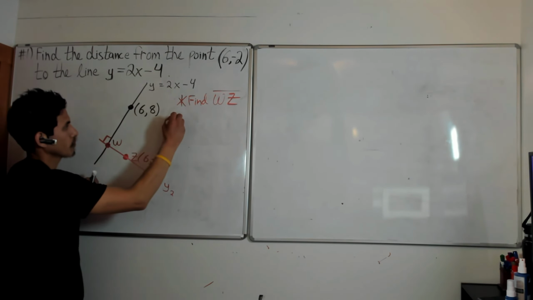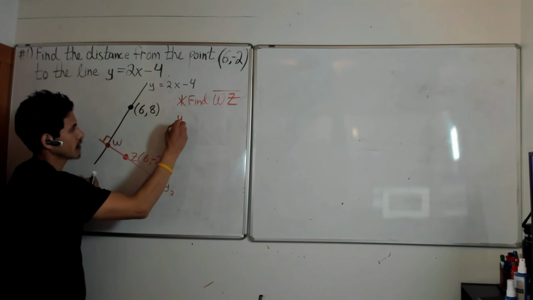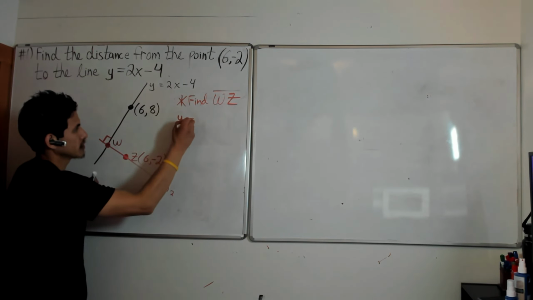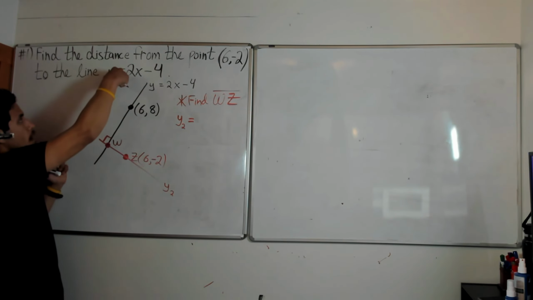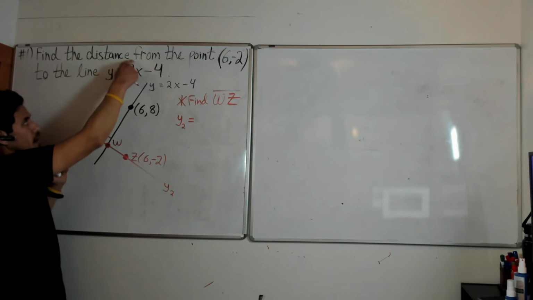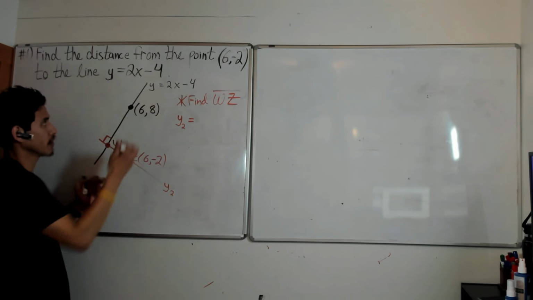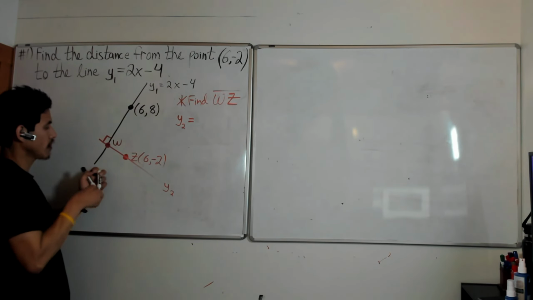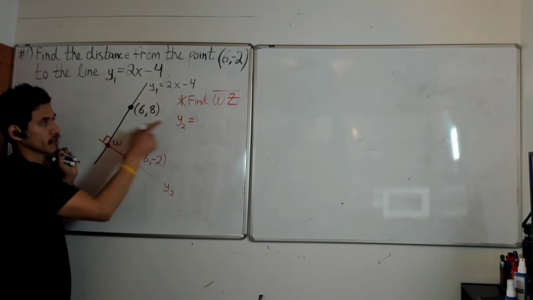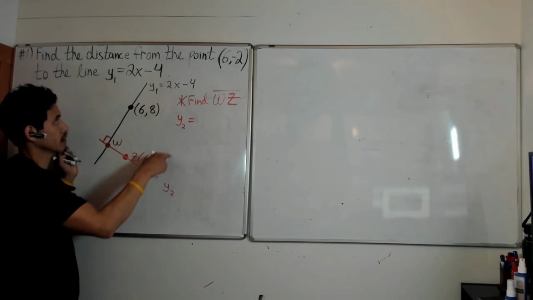Now from here, since this line is perpendicular to this line, we can begin by making y2 have the opposite reciprocal slope of y1. Let's call this line y1. For this to be perpendicular, remember the slopes of the lines have to be opposite reciprocals.